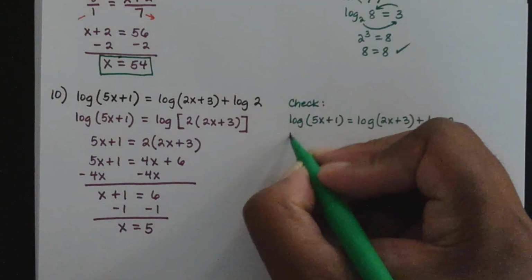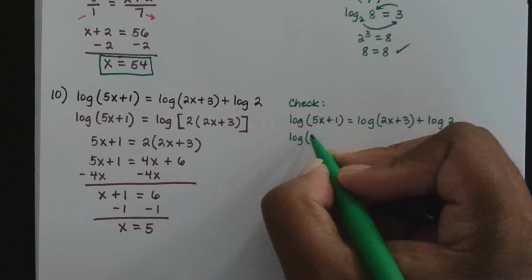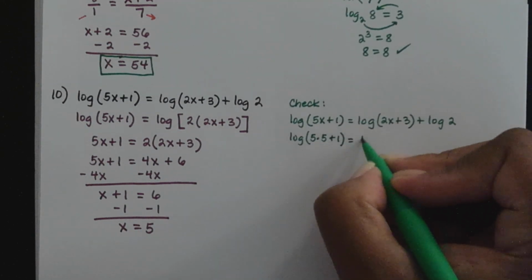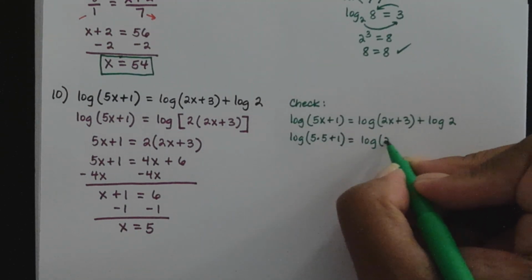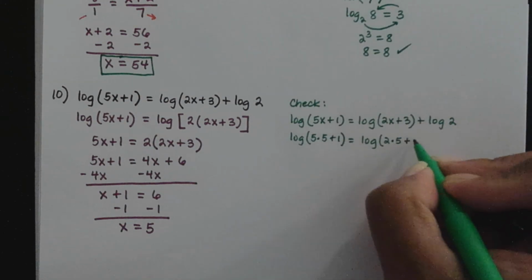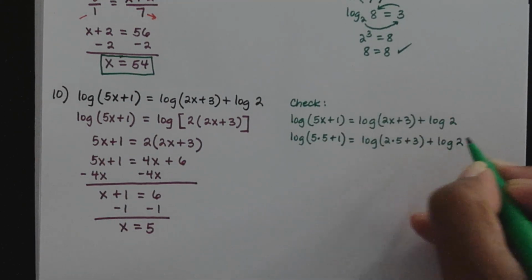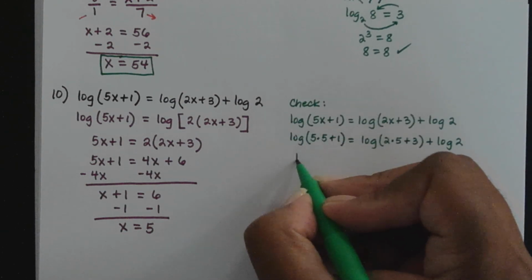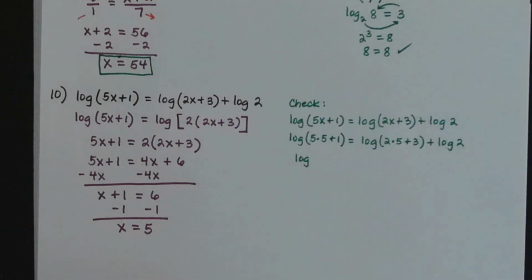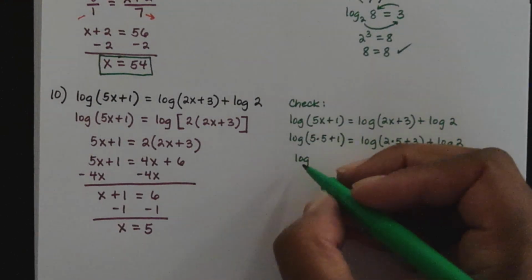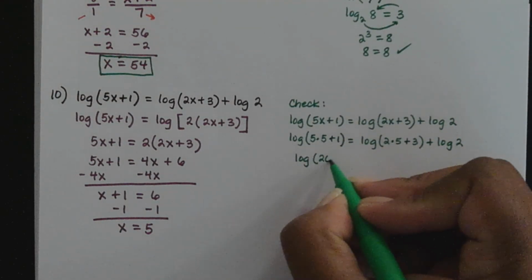So here I have the log of 5 times x, which is 5, and then plus 1. That's equal to the log of 2 times x, which is 5, plus 3, and then plus log of 2. Well, let's simplify what's in the parentheses here. What's 5 times 5? And 25 plus 1 is 26.